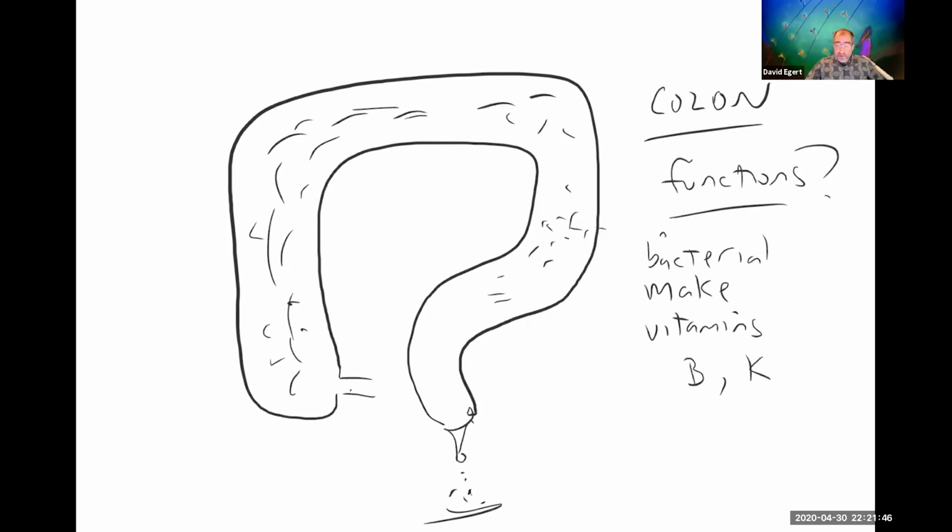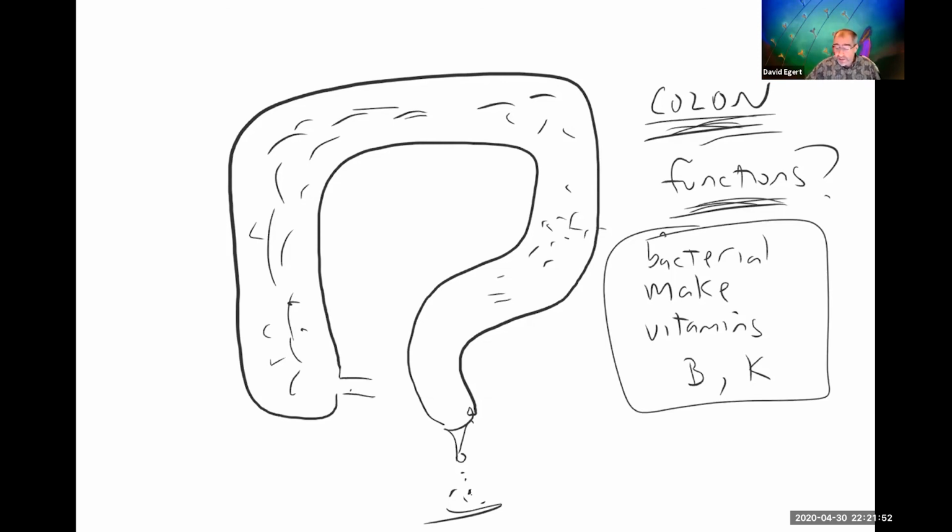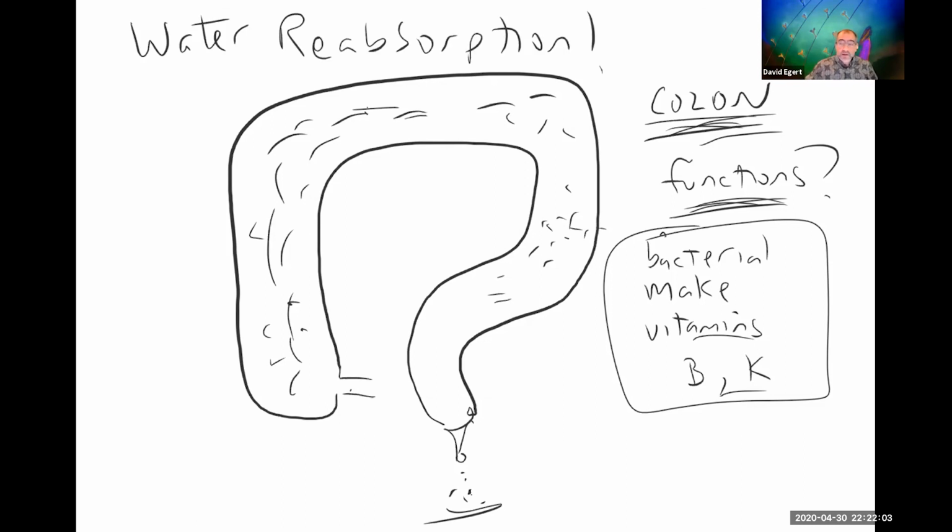So what's another really big thing? The bacteria definitely do lots of stuff, including making some vitamins. But the biggest thing that happens here is water reabsorption. You've got all of these digestive juices pouring into your intestines, and so all of the digesting food is this big sloppy slurry.